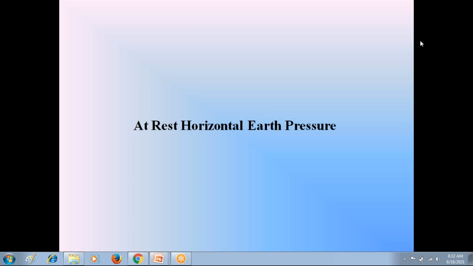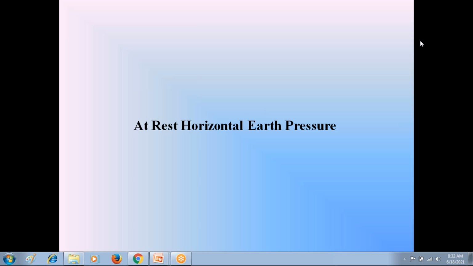In this equation, mu is the Poisson's ratio of the soil. Sigma V is the vertical stress acting on the soil element, and sigma H is the horizontal stress acting on the soil element. So check this diagram.